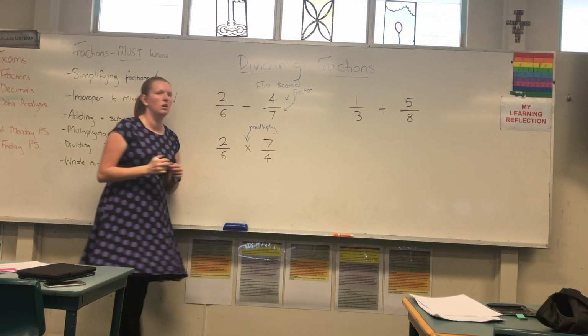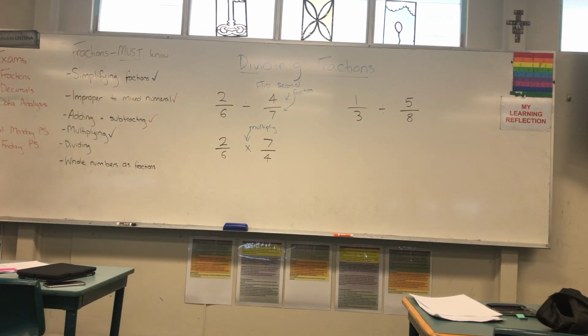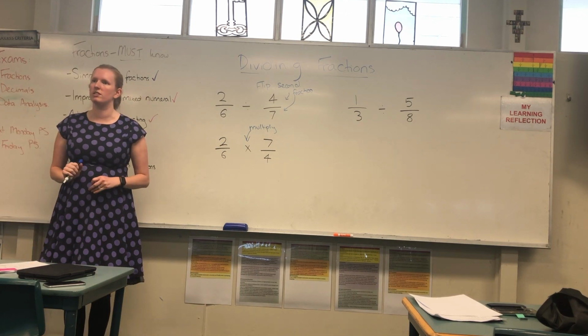Yeah, 1 second. So I'm going to explain that again one more time, because this is a magic trick in maths. So when you have to divide, take your second fraction and flip it upside down. And then instead of dividing, you're going to multiply. I'm going to say that again, because repetition is always good.